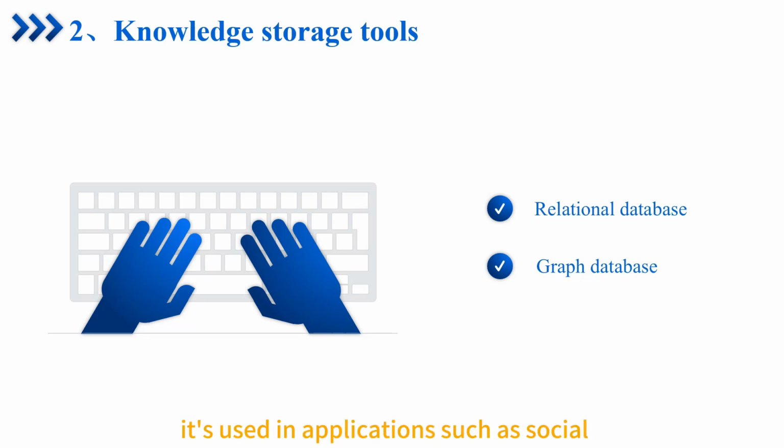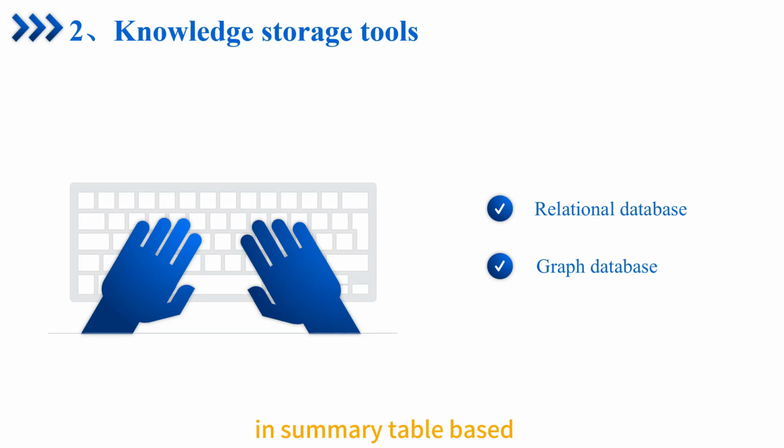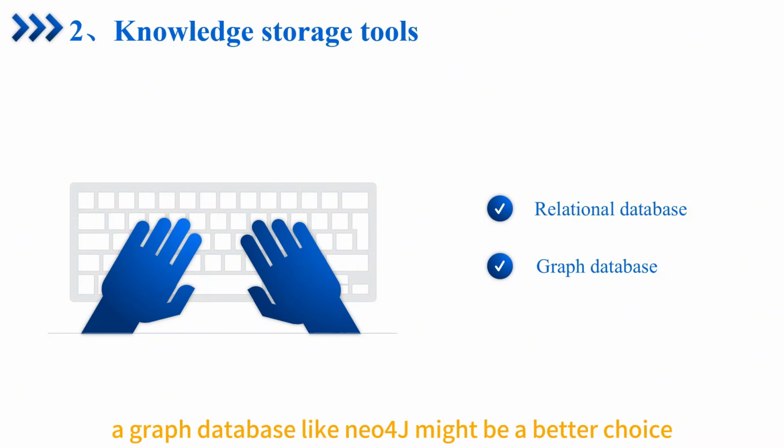It's used in applications such as social networks, recommendation systems, and knowledge graphs. In summary, table-based and graph-based tools are common tools for knowledge storage, each with its own strengths and weaknesses. For simple knowledge models, a relational database like MySQL might be more suitable, while for more complex knowledge models, a graph database like Neo4j might be a better choice.